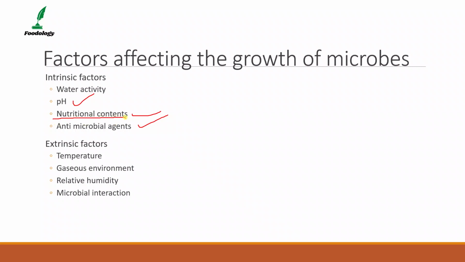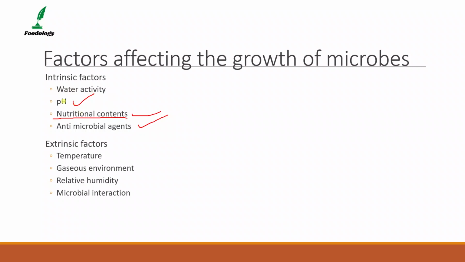Then we have nutritional contents. Microorganisms require a certain set of nutrients for growth. They require proteins, carbohydrates, fat, and water. Water we'll be discussing in the water activity part. I'm just giving you a brief idea of what microorganisms expect for growth.